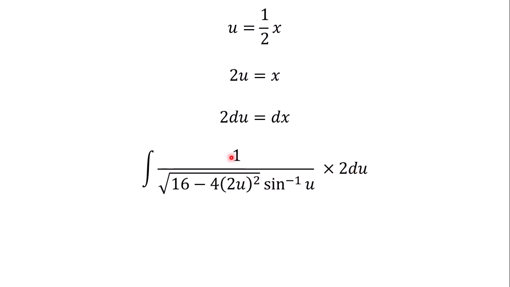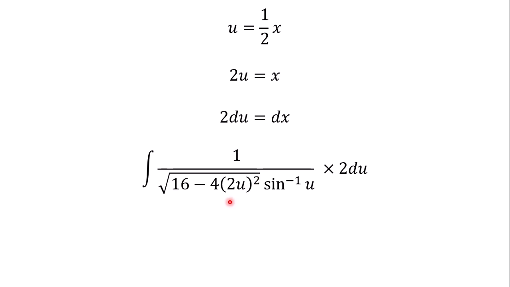Okay, so the whole of this times 2 du, what are we going to get? We are going to bring these 2 to the back here, and then we focus on what is inside the integral sign. Now mind you, 2u all squared will give us 4u squared.